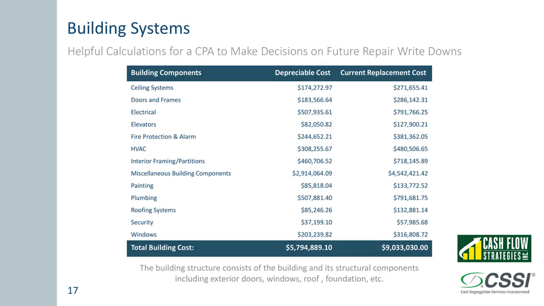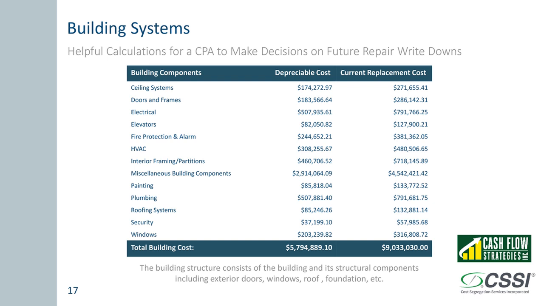Okay. One other thing that CSSI does, and there are a lot of companies that can do cost segregation out there. There are some very specific reasons why I'm going to suggest you work with me and work with CSSI. But we provide building systems analysis to their CPAs because in the future, when they do repairs, when they do replacements of some of the systems, they're going to need to make calculations to determine whether they need to expense it or capitalize it.